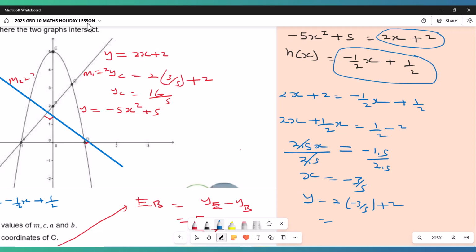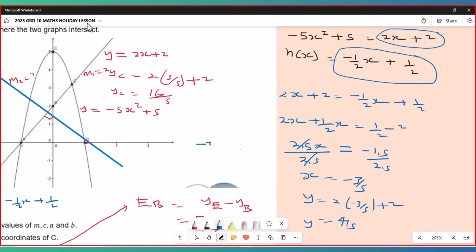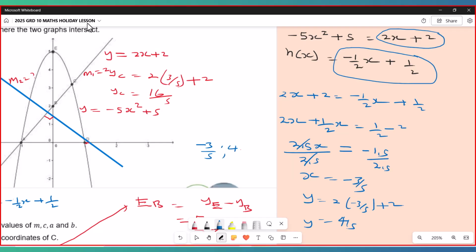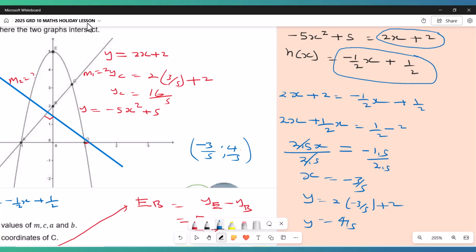So y is 4 over 5 here. Therefore, this line, which is h of x, is meeting the straight line at this point, negative 3 over 5, 4 over 5. Right? That's our first point where the lines meet.